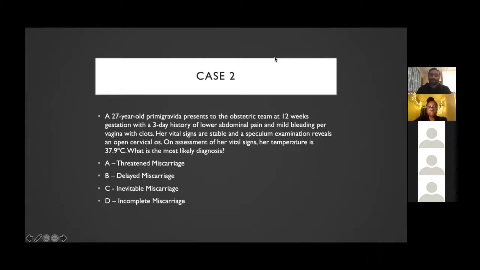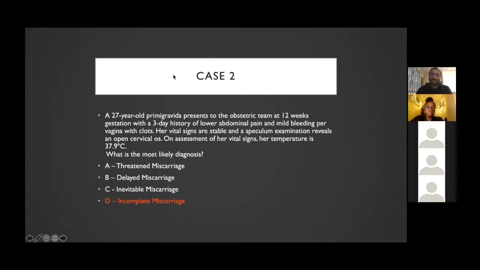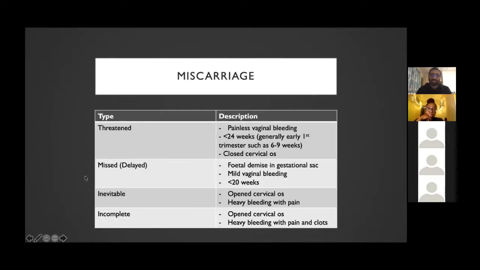So a lot of people went for threatened miscarriage. So the answer actually is an incomplete miscarriage. And the reason is basically I've done again another nice table to show you the types of miscarriages and how they present. So the reason this one is an incomplete miscarriage, one is because of the open cervical os, the bleeding and pain.